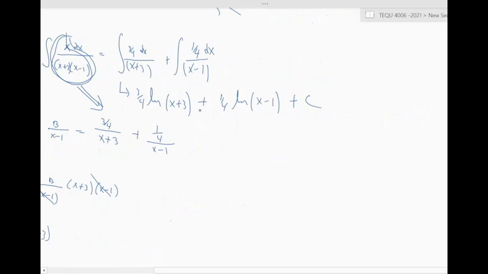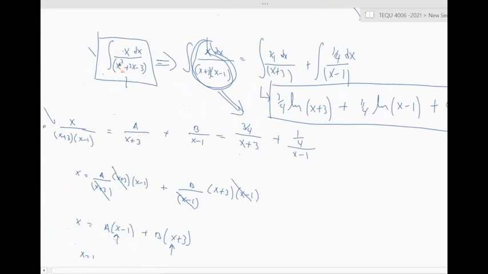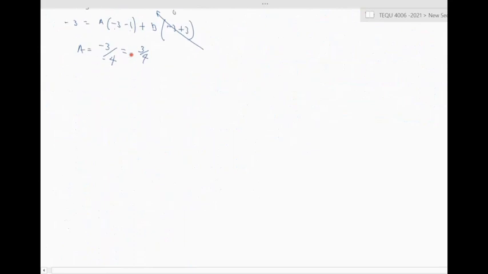No big deal, right? So this is the solution to this integral, shown there through the process of partial fraction. As long as you can factorize the denominator, you are okay. Like for example, let's work another example of this.